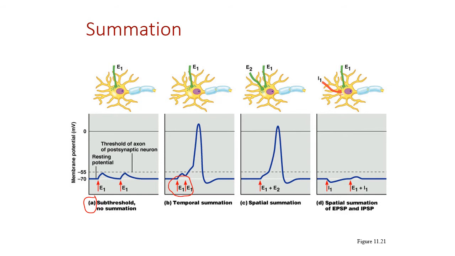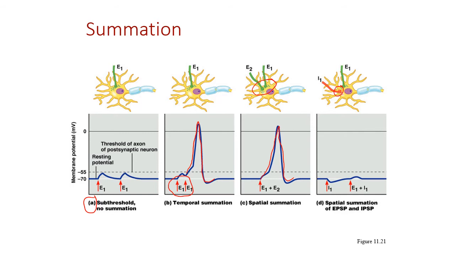And so now we're at that threshold point. Now we're going to get our action potential, our depolarization, and we go on from there. If both of them fire off in the same proximity at the same time, they again can add up to one another, and that's going to lead to an action potential occurring in the postsynaptic neuron.